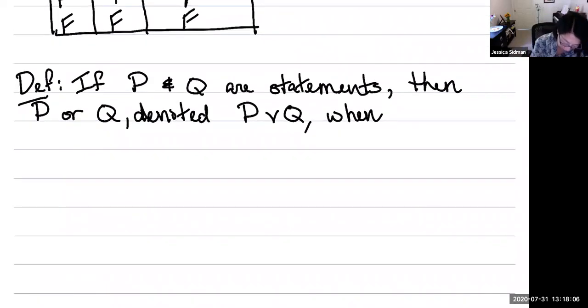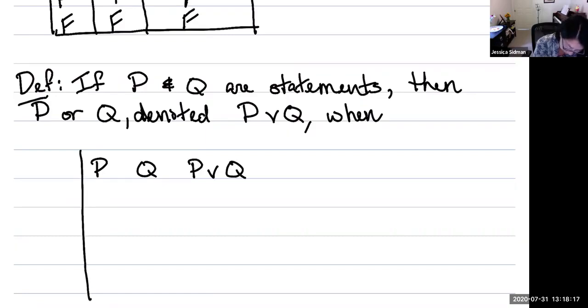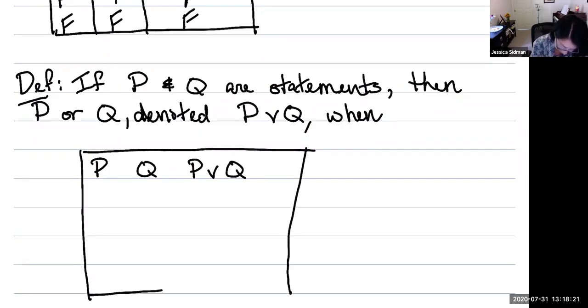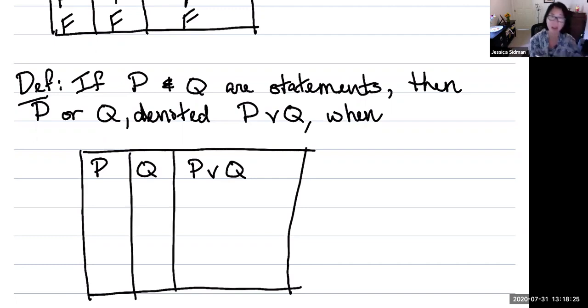Okay, so here I'm going to have a column for P, a column for Q, and a column for P or Q. And I'm going to write the truth table, and then let's see if we can work out the words that go along with this that describe what I'm saying in the truth table.